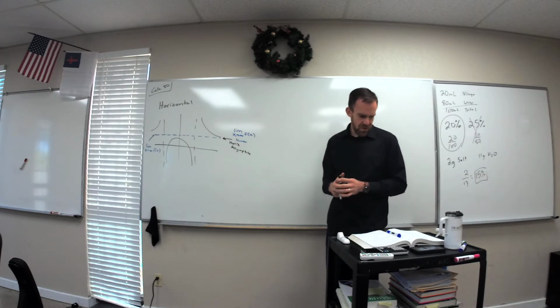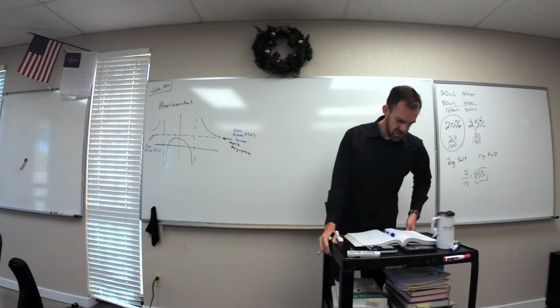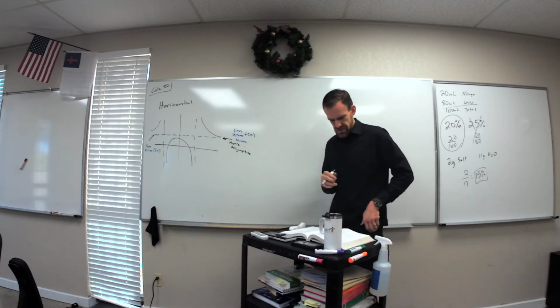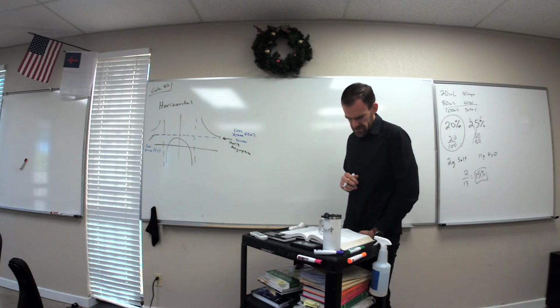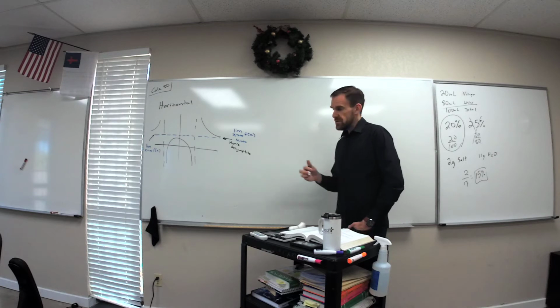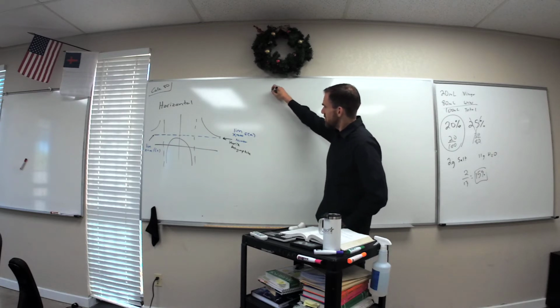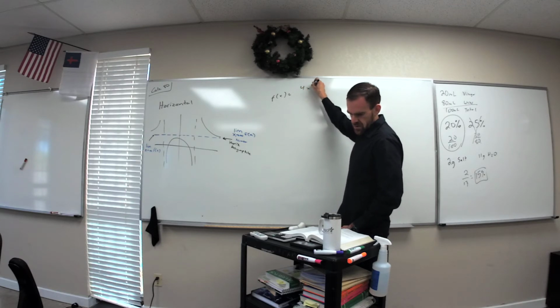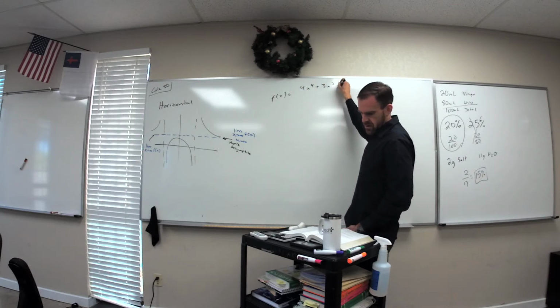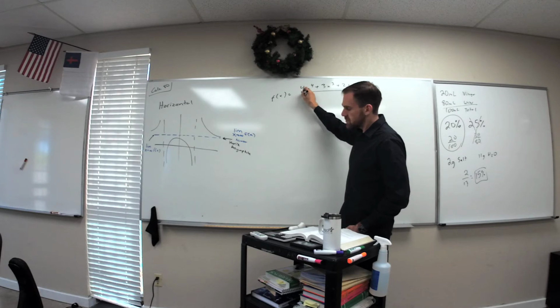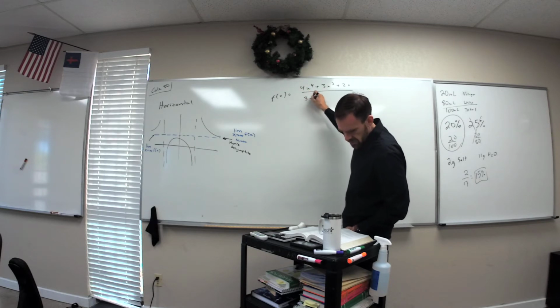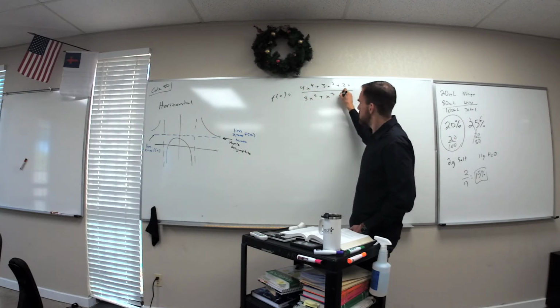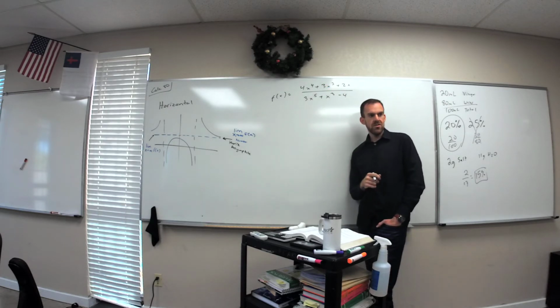So let's try one with the simple asymptote, and we will go from there. For this one, they just want you to write the equation of the horizontal asymptote. So how do we find the horizontal asymptote?